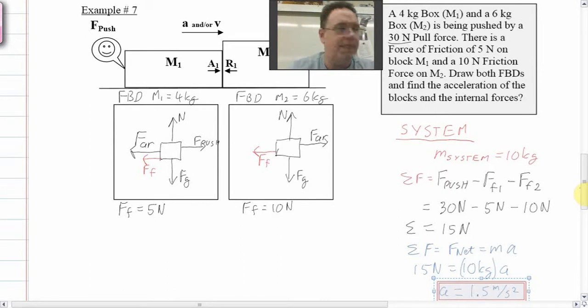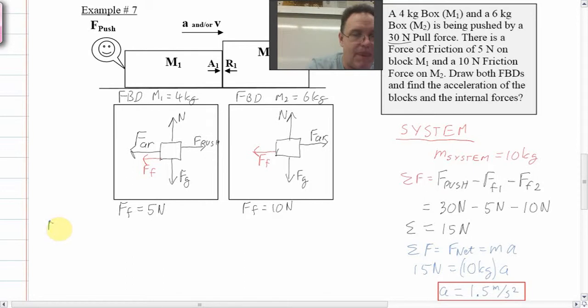Okay, so let's start off here and look at M1. I guess we're going to try to find the internal force now, which is the action-reaction force.